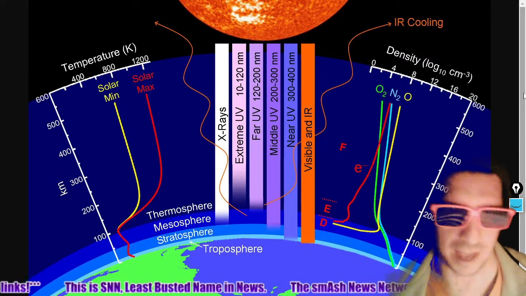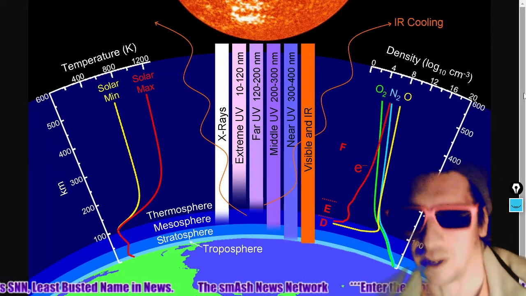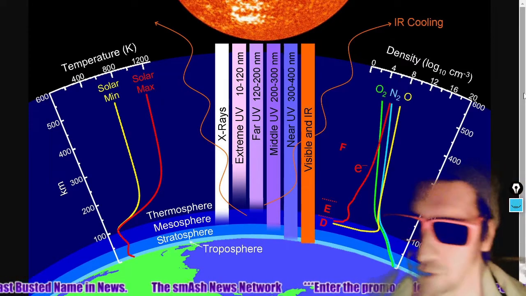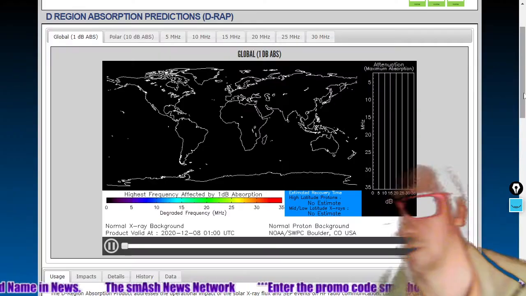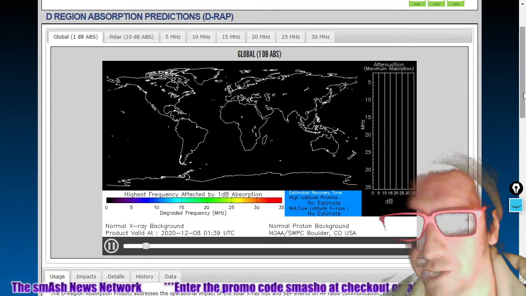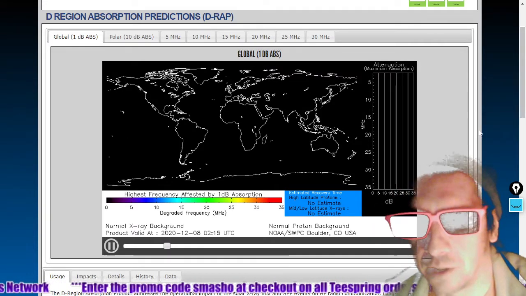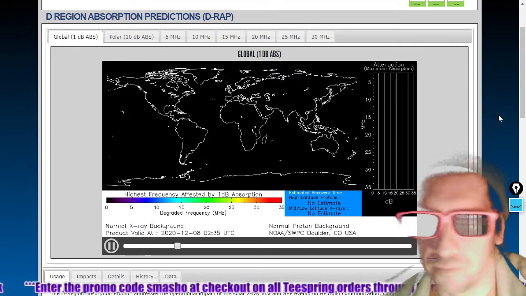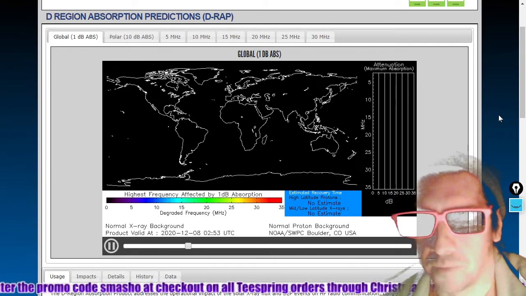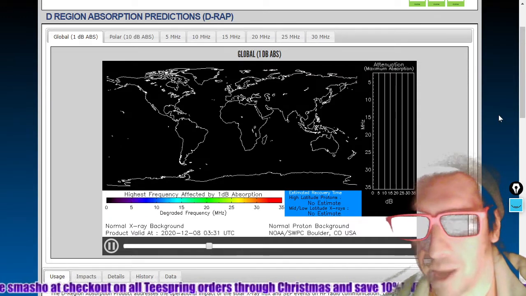And if you see that F on the right side, that's the F layer of the ionosphere where the GOES endeavors to make its measurements. We see some absorption happening here in the polar regions as the protons are back. So you're going to see some absorption here at the 1 decibel bandwidth.